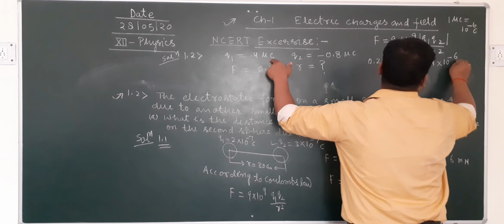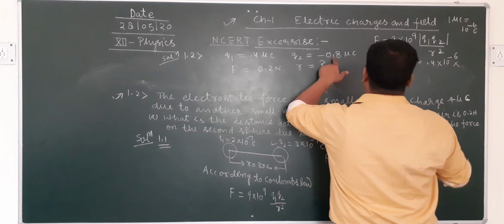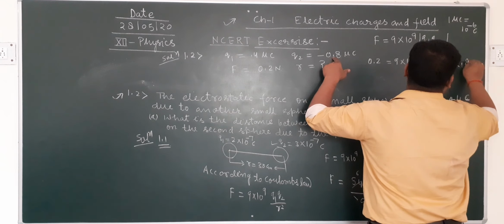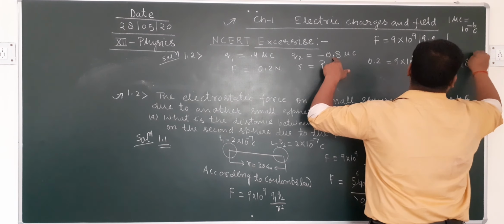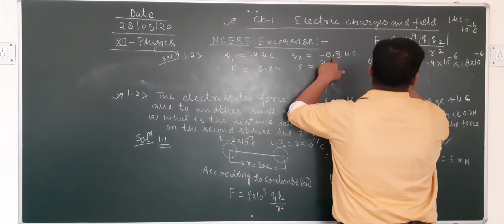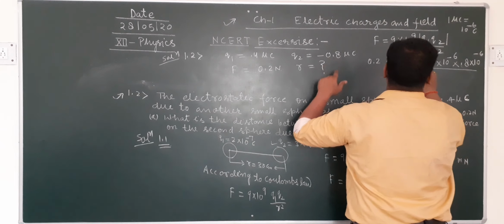Clear? Multiplied by 0.8 into 10 raised to power minus 6 upon R square.